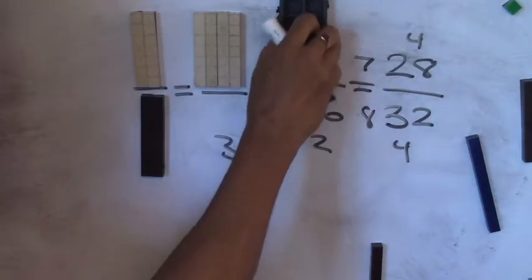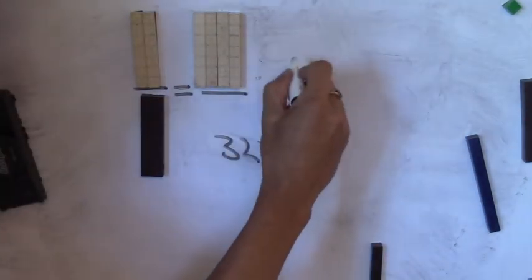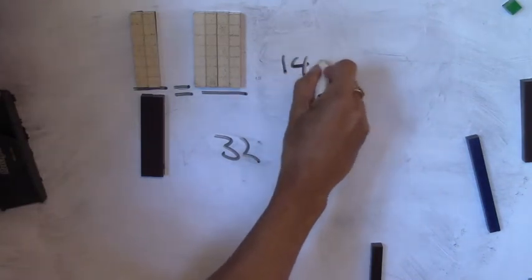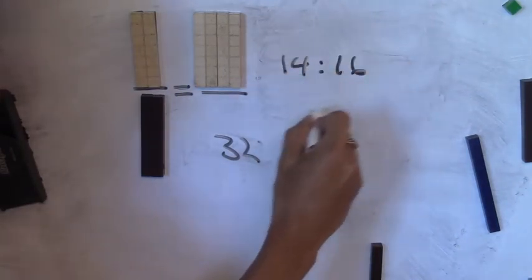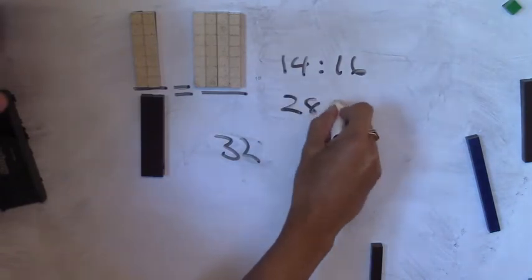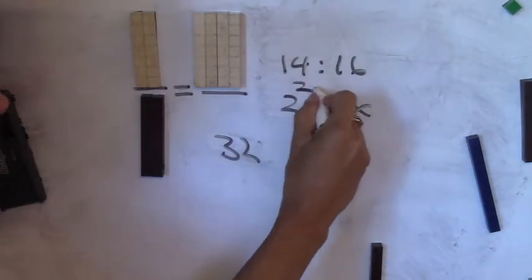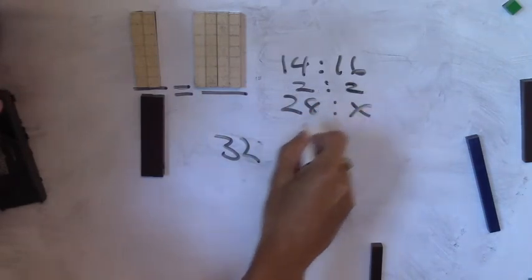All right. Now let's take a look at the find-the-one way of looking at it. So what I have here is 14 is to 16 as 28 is to, I don't know. Well, let's see here. What I have here is 7s. So when I find the 1, I see I've got 2 to 2, right?